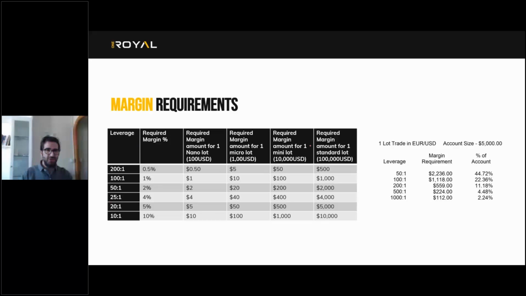So if we go to this table here, what do we have? In the first section, we have leverage, required margin percentage, and nano, micro, mini, and standard lot. Here we're going to see the effect of leverage and how much margin you need for each lot.